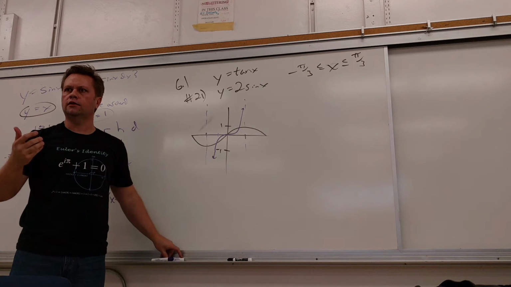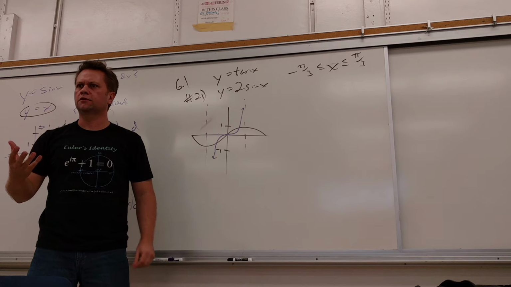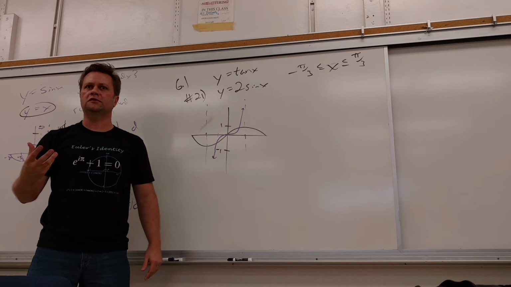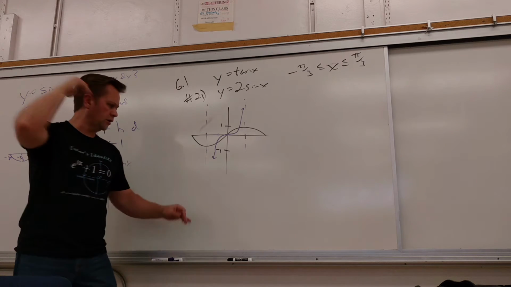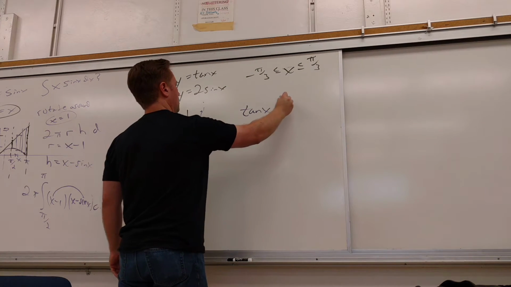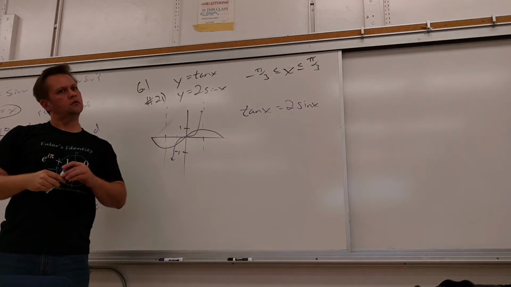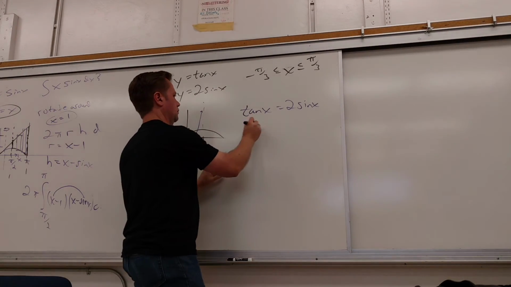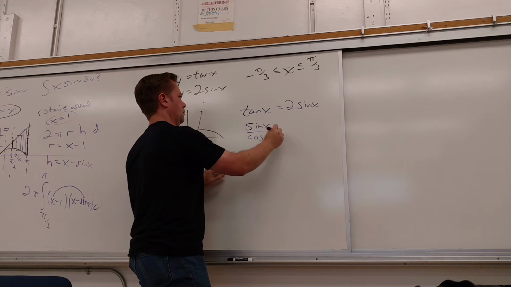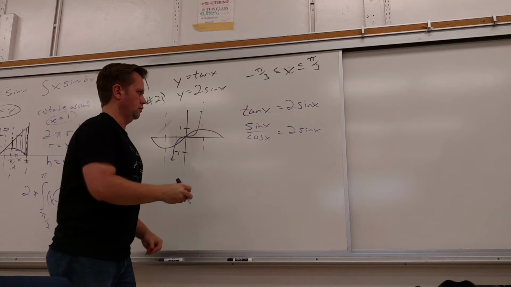But to verify that, how do I find those places where that happens? How do I find those places? We know. Set them equal to each other. Tangent x is sine x. Cool. So sine x and sine x cancel each other.